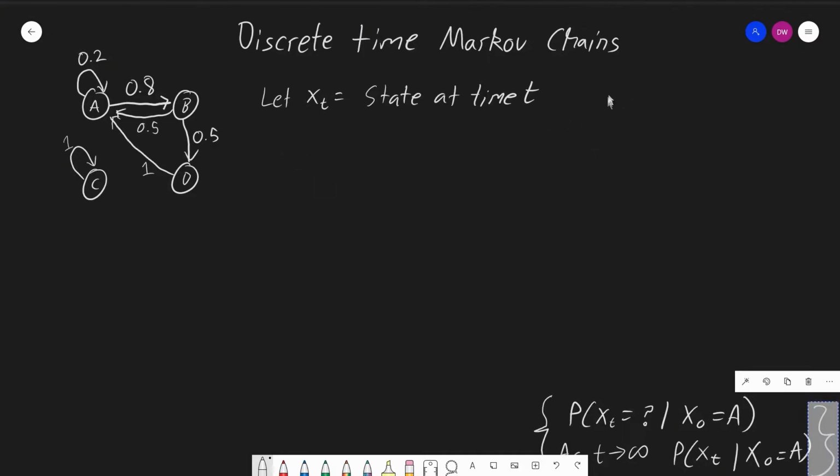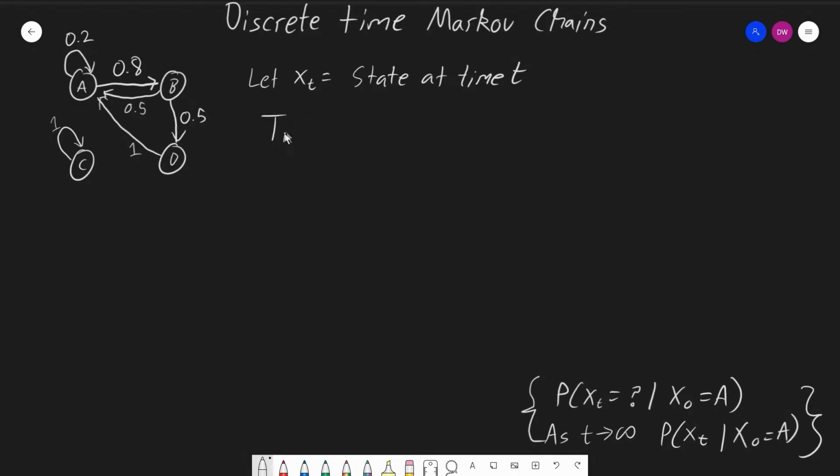So where I would like to suggest we go is make something called a transition matrix. And I'm just going to label this big T. So big T equals a matrix, except let's write it as a table first.